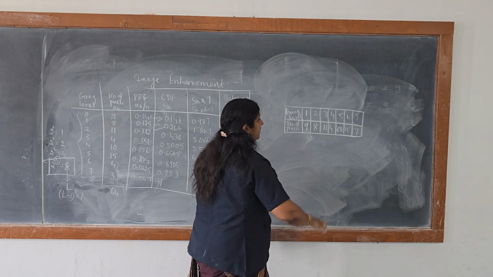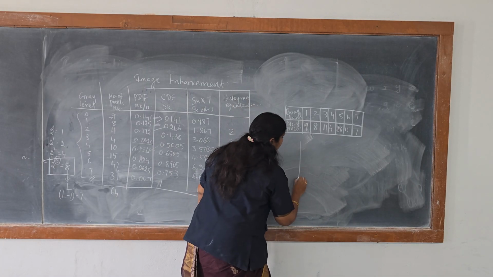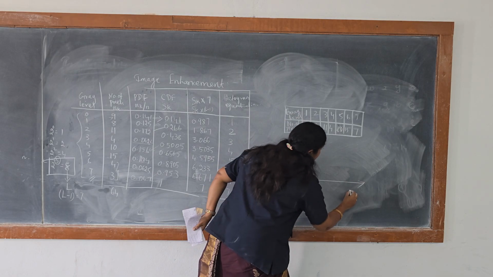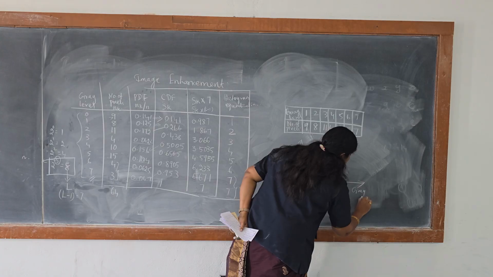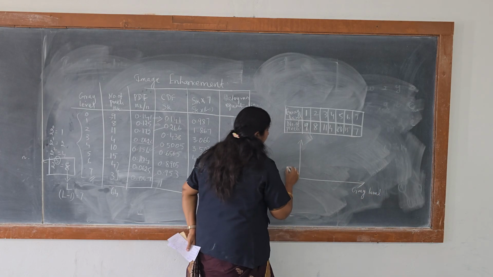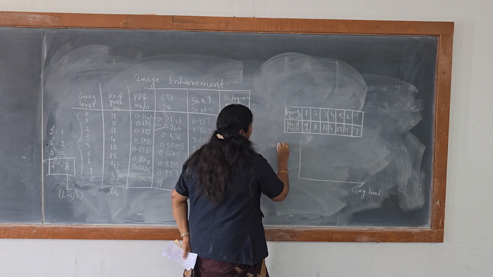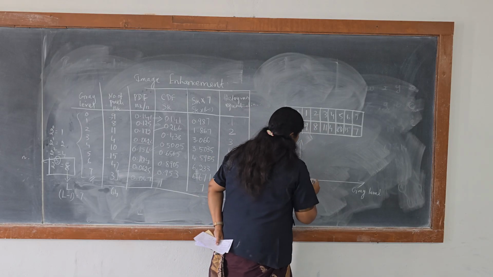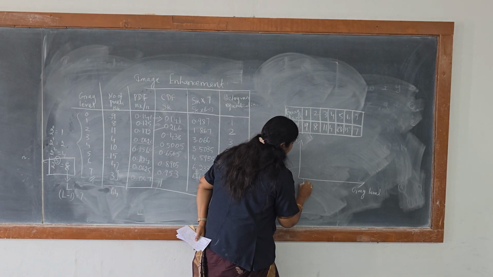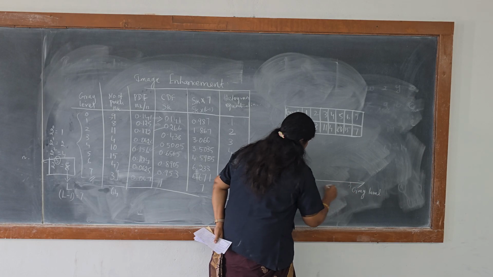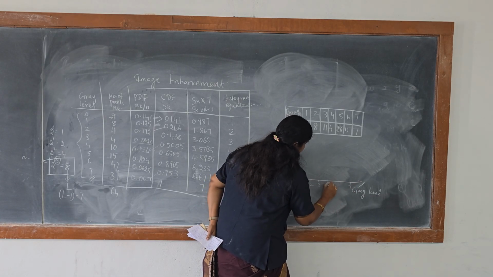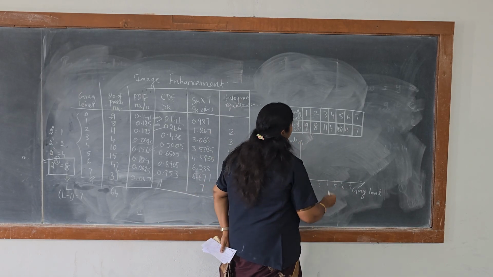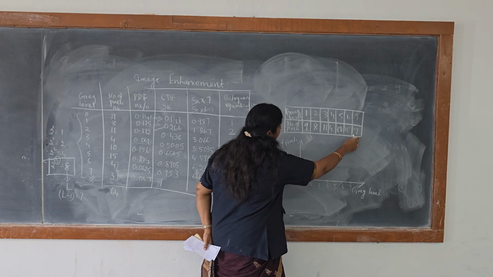By using these histogram values, again we can plot the histogram graph. Here also the x-axis represents gray level and the y-axis represents number of pixels. Gray level ranges from 1 to 7, and number of pixels ranges from 7 to 15.